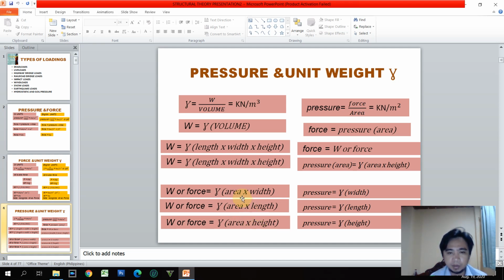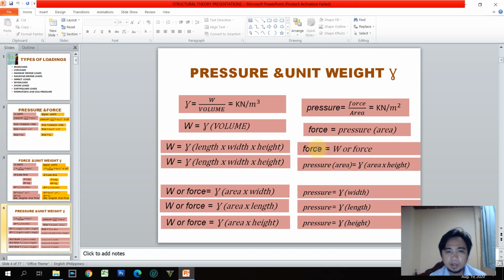Okay, so why should we express a certain area here? Because that also connects to pressure, the force over area. So again, the force is derived by multiplying pressure times area, and then force is equal to W, or force.